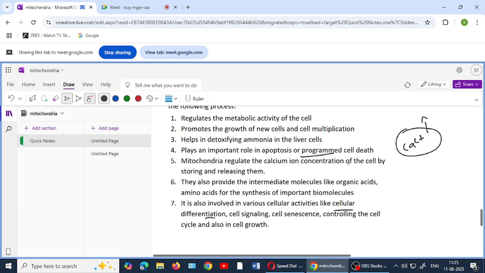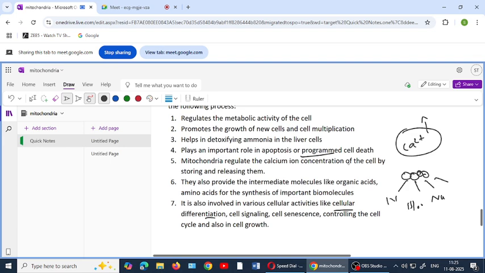From a common cell, like stem cells, different types of cells are producing, like nerve cells, blood cells, neuron cells. Different kinds of cells producing from one cell type. This is called cell differentiation.